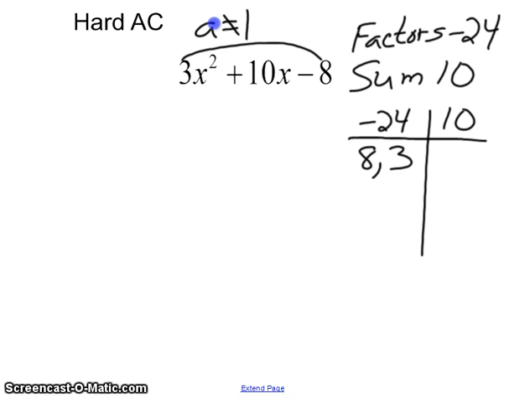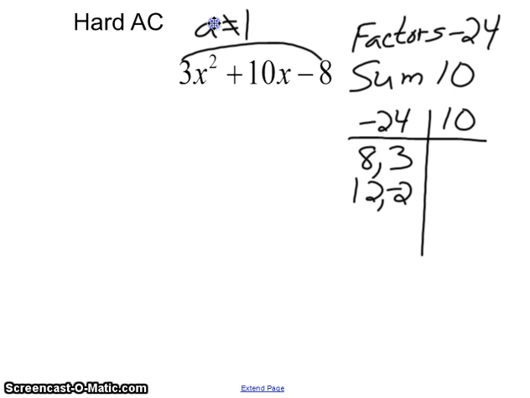Eight times 3 multiplies to 24, but it does not add to 10. 12 times 2 multiplies to 24. Can I get it to add or subtract to 10? I can. If I add 12 and negative 2, I get 10. Check my signs for multiply. Positive 12 times negative 2 is negative 24.